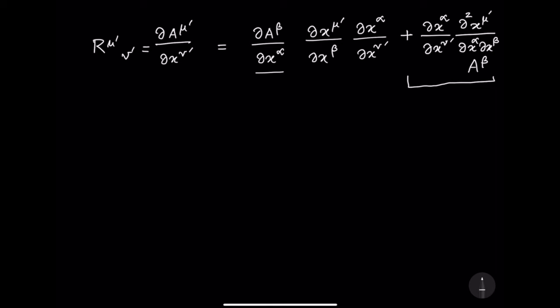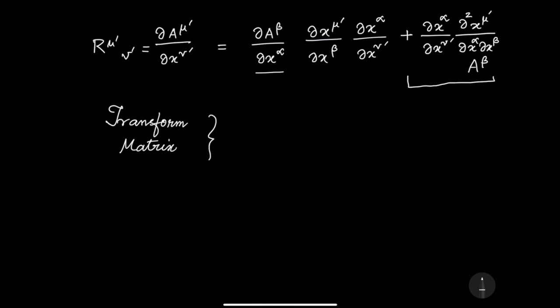Now, this only happens when the transformation is coordinate dependent. We have seen one example from Cartesian to the polar where the transformation was coordinate dependent. If the transformation is coordinate dependent, then remember the transformation matrix.